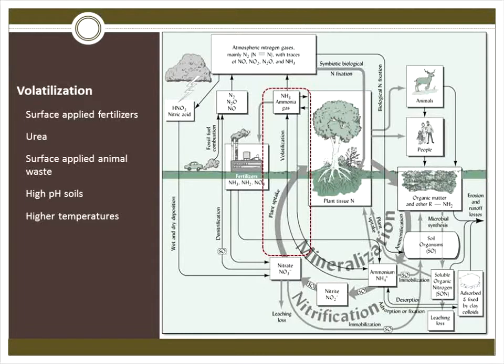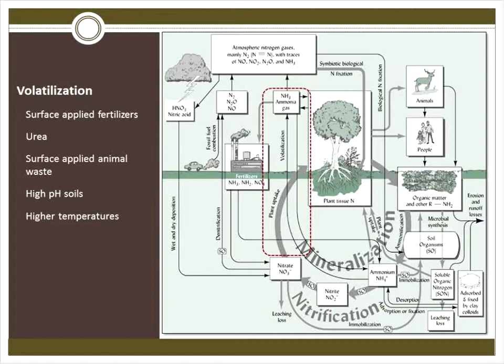Now, we mentioned volatilization a little earlier on. Again, if you apply your fertilizers on the surface, you have more chance for the ammonia or the urea, whatever the type, if you have an ammoniated nitrogen fertilizer, to be transformed to ammonia gas. If you use urea, there's more chance of the urea being volatilized into ammonia gas.